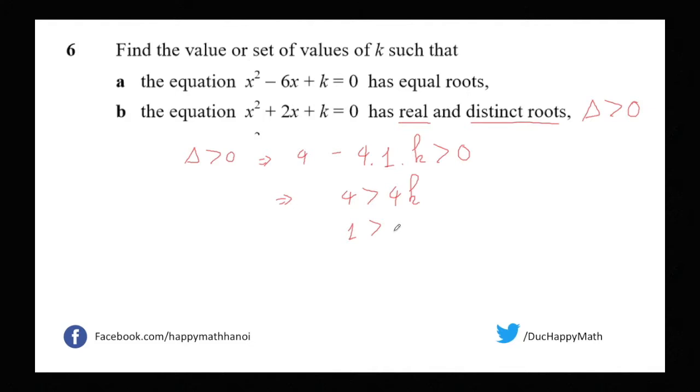So we get 1 greater than k. Yes, that's quite easy in the linear inequality. But in the next question, you have to face a quadratic inequality. And of course, in the previous videos, inequality parts 1, 2, 3, 4, you should know how to find the condition.